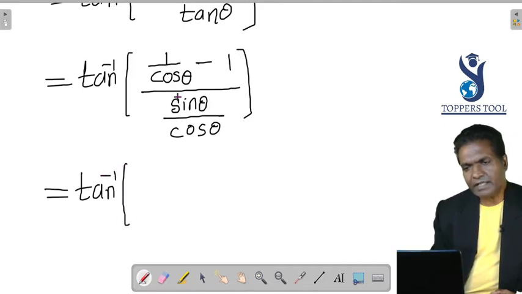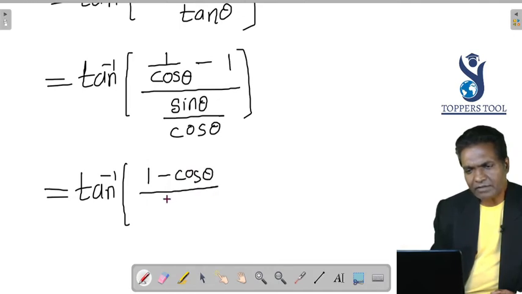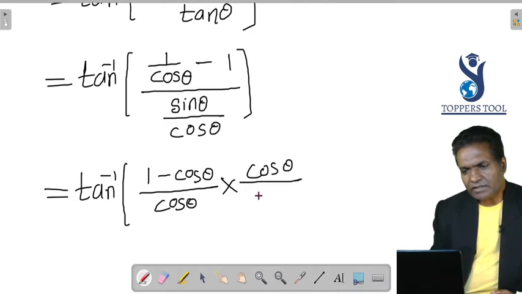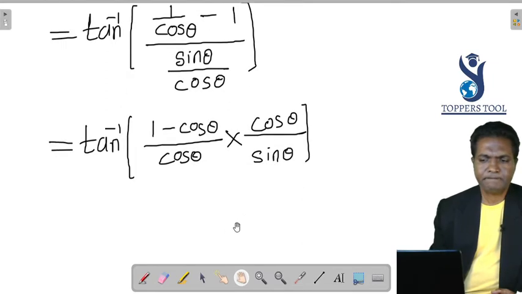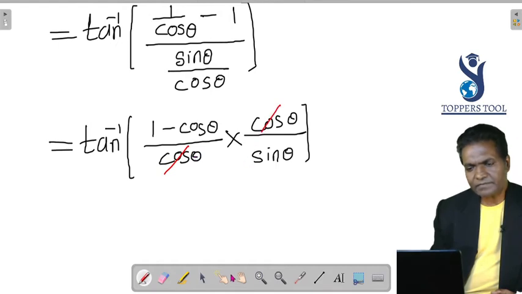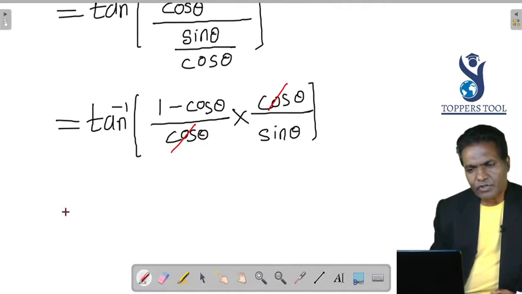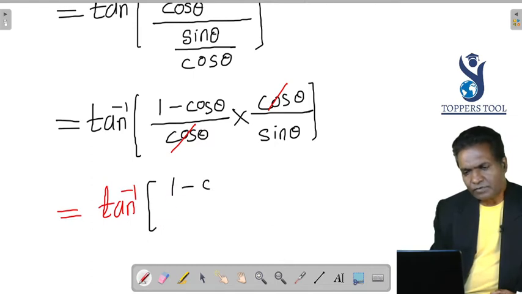Tan inverse of, take LCM in the numerator, I can write 1 minus cos theta by cos theta, into cos theta by sin theta. I hope you agree. Now look here, cos cancels. So you will get tan inverse of 1 minus cos theta by sin theta.